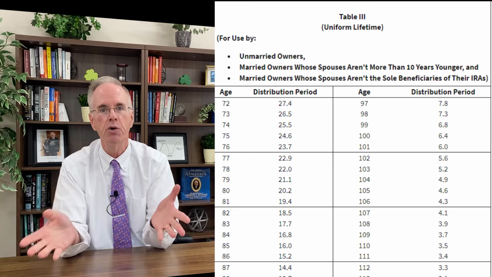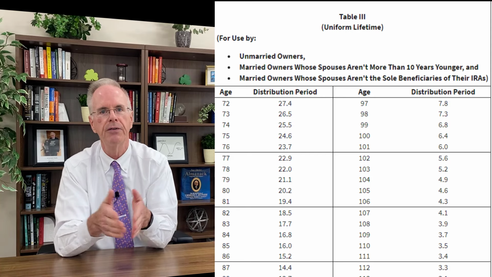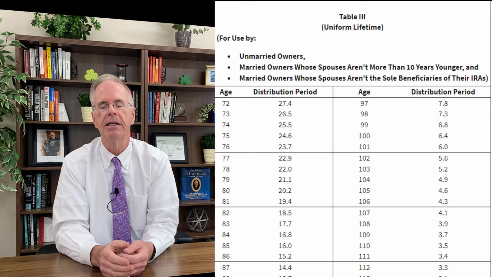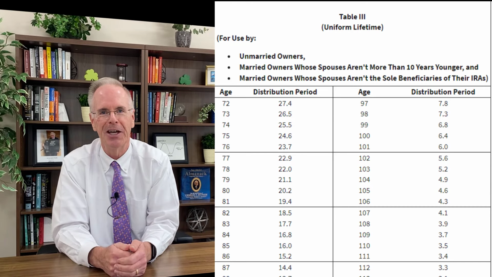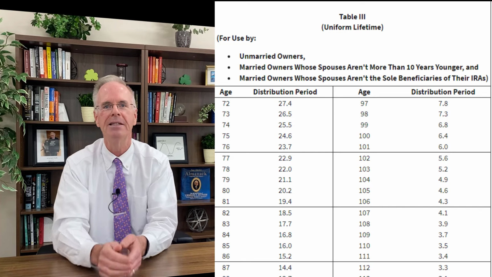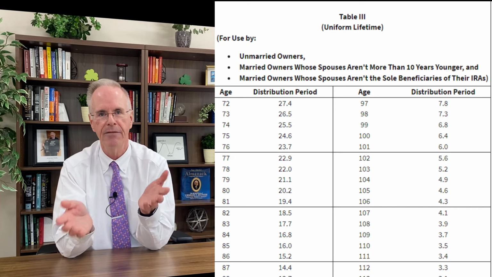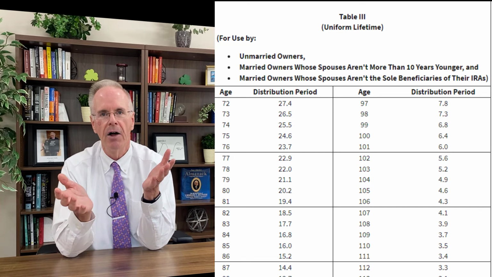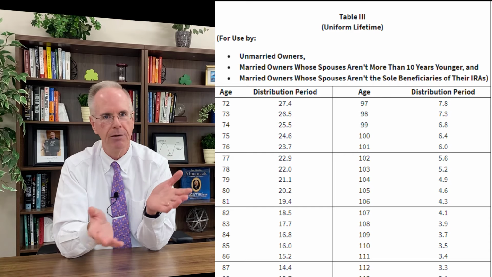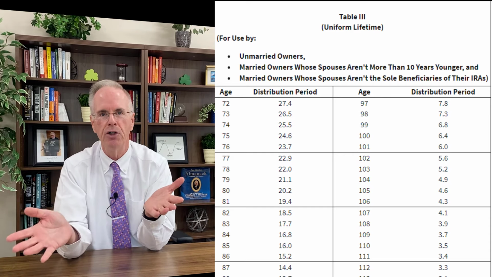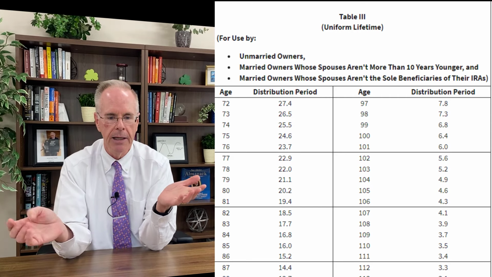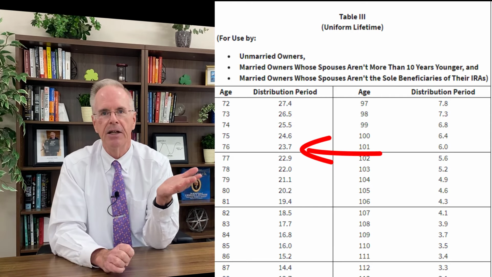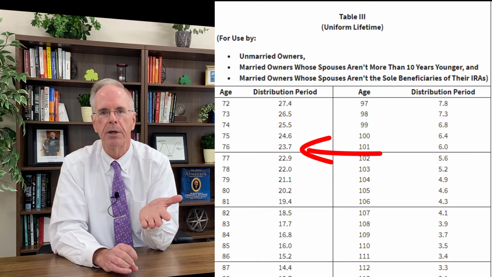The one that most people wind up using is called Table 3, and you can find it in the IRS guidelines if you're so inclined to take a look. But basically what it does is it calculates the life expectancy for folks. They use a number of 100. And so if you are, for example, 76, they use a factor of 23.7.